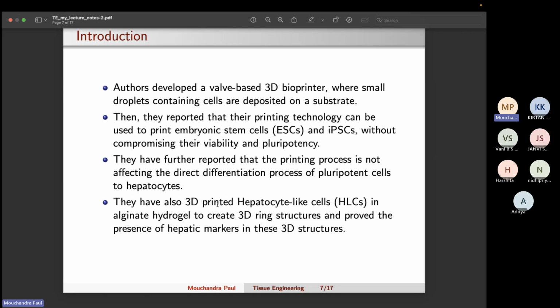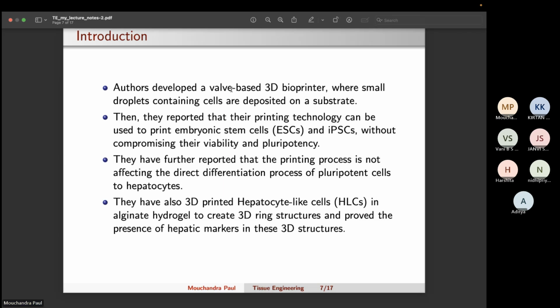So their machine is a droplet-based one. They have called it valve based. I'll show you what the valve is, but the operation of the printer, which is depositing the material, is happening in a drop-by-drop fashion.